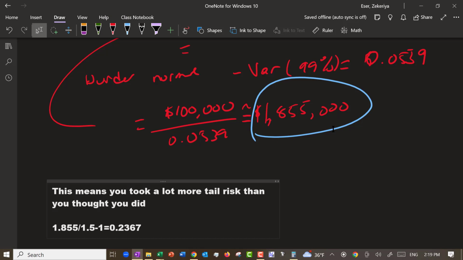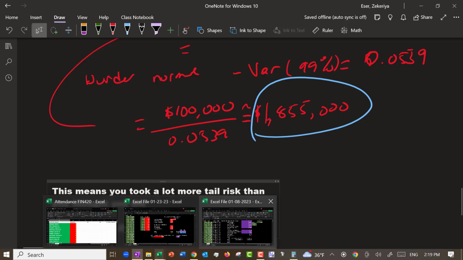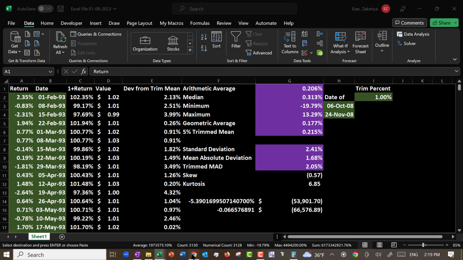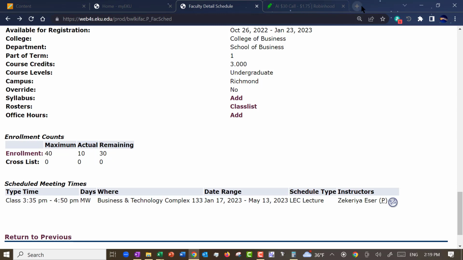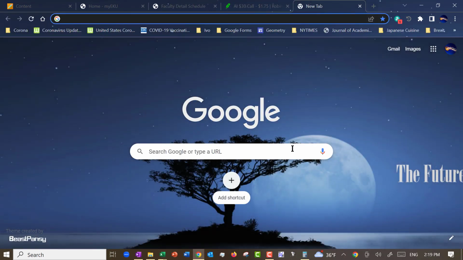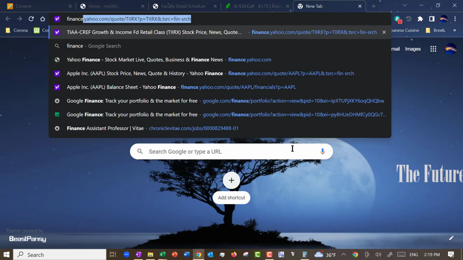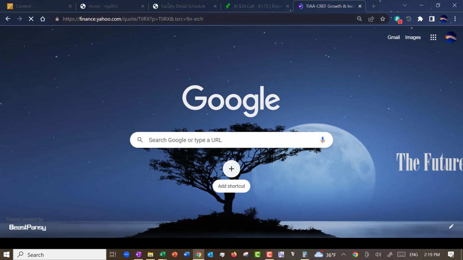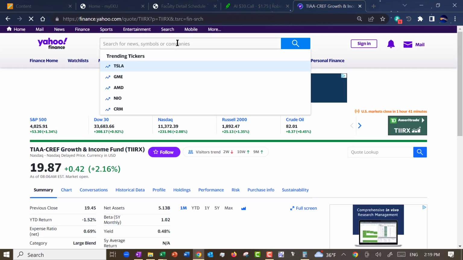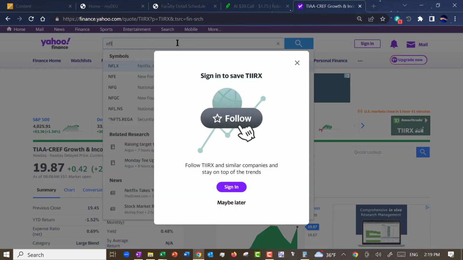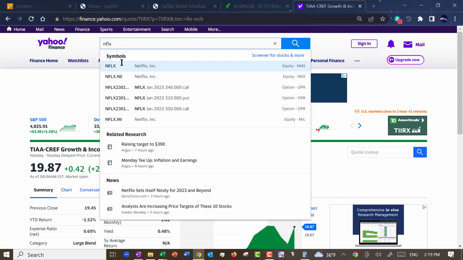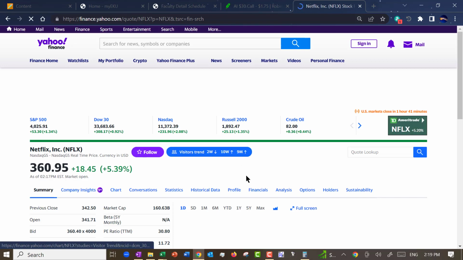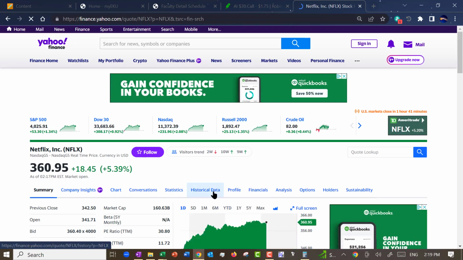Let's get data, for example, of something a lot more volatile. Let's see. Let's think about a stock that has been around. I'm going to get historical data.